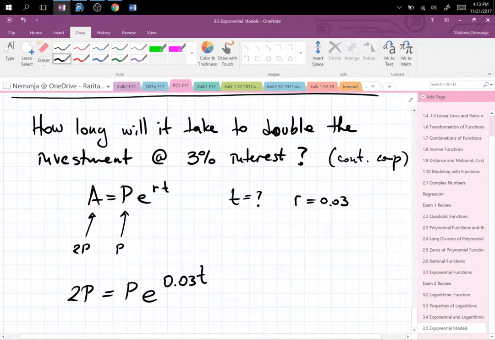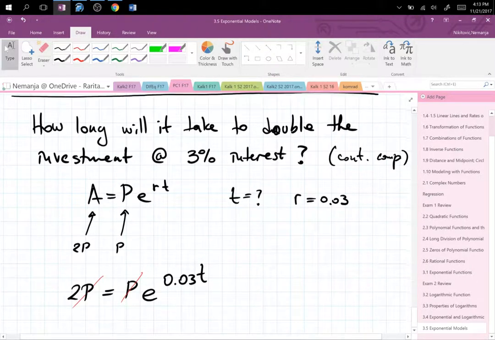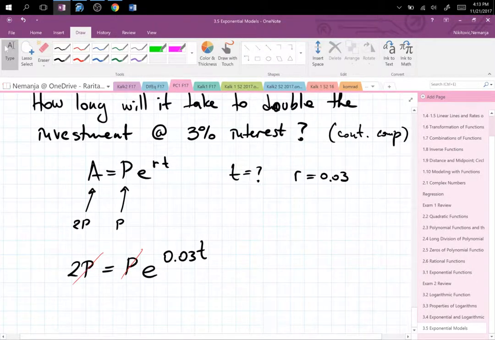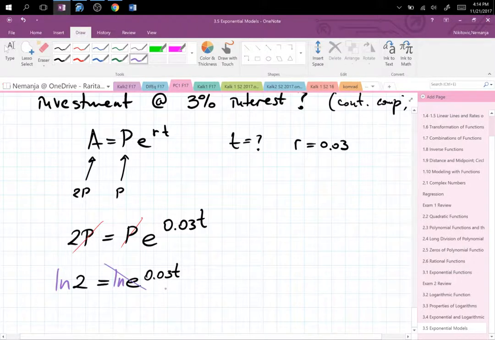Do we all see that if we divide both sides by P, they drop? Right? When you divide by P. And now your equation is 2 equals e to the 0.03T. How do we solve this equation? ln both sides, nice. ln will kill that T, right?